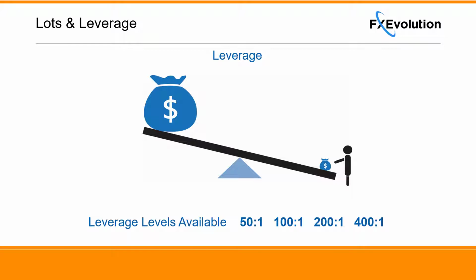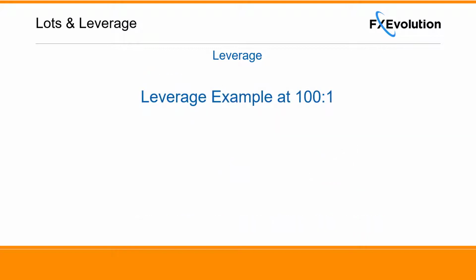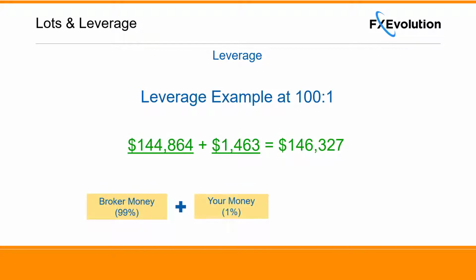Let's take a look at a leverage example at 100 to 1 and see how it can benefit us as traders. Without leverage, you would need $146,327 in your trading account to trade one standard lot of the pound US dollar. However, with the power of leverage at 100 to 1, you are able to actually borrow 99% of the money from the broker.